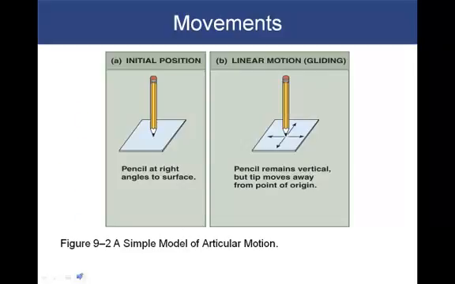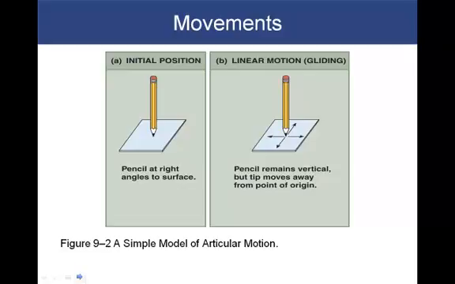So here, in figure 9-2, we have the initial position, a pencil at a right angle to the surface, and we see that linear motion, or gliding motion, is when the pencil remains vertical, but the tip moves away from the point of origin.